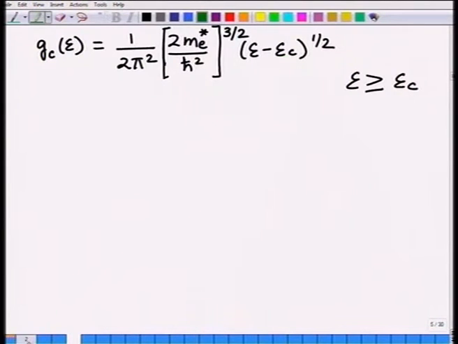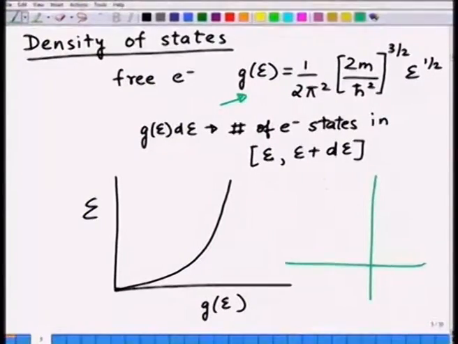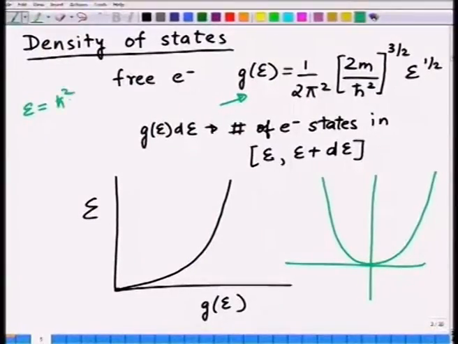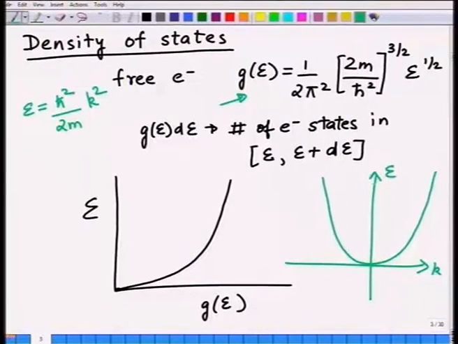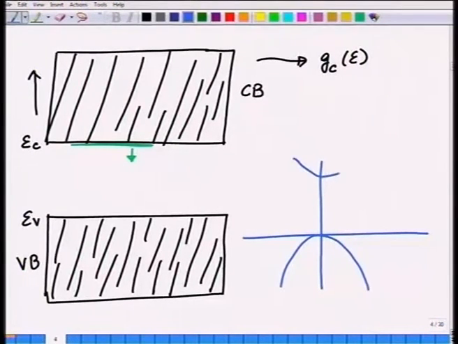Second change is that recall that in free electron theory, I had the E versus K curve, which was exactly a parabola. It's an exact parabola. That's what this quantity was. Now my situation right now is if we look at the silicon or gallium arsenide band diagram, then in this band diagram I see some behavior like this.